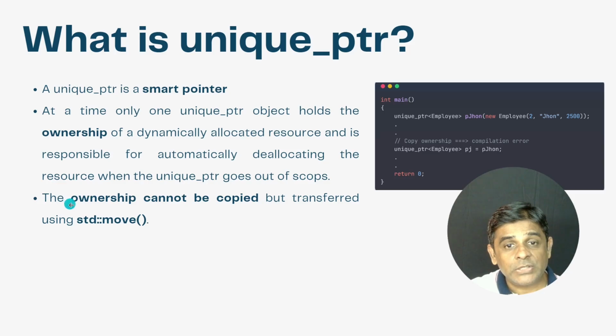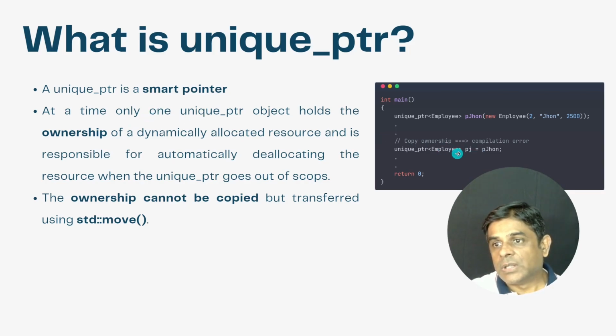Now the second statement is that ownership cannot be copied but transferred using std move. So when we perform this kind of assignment, copying this pjohn to pj, this will not be allowed because only one unique pointer object holds the ownership.